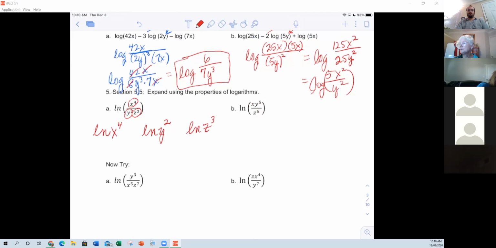So everywhere you see a variable, you want to spread it out on the same line and put an ln or a log in front of it, depending on which one you're using. Now, if it started in the numerator, it will stay positive. If it started out in the denominator, it will become negative because we're moving backwards. And then the last thing you want to do is put the exponent into the front.